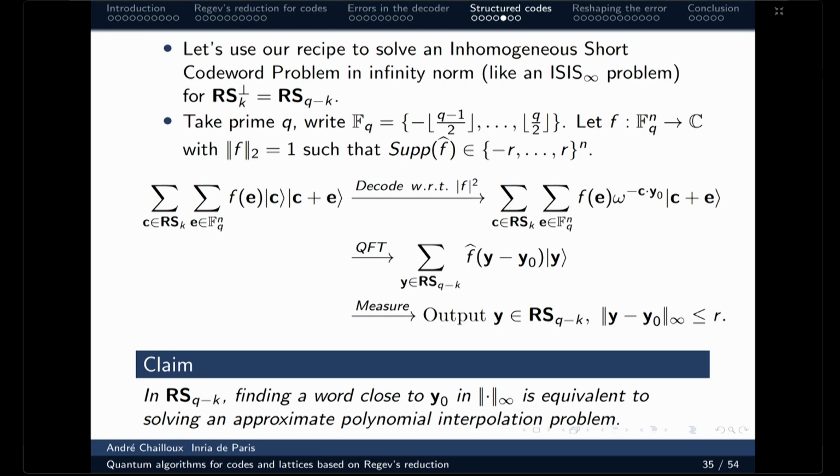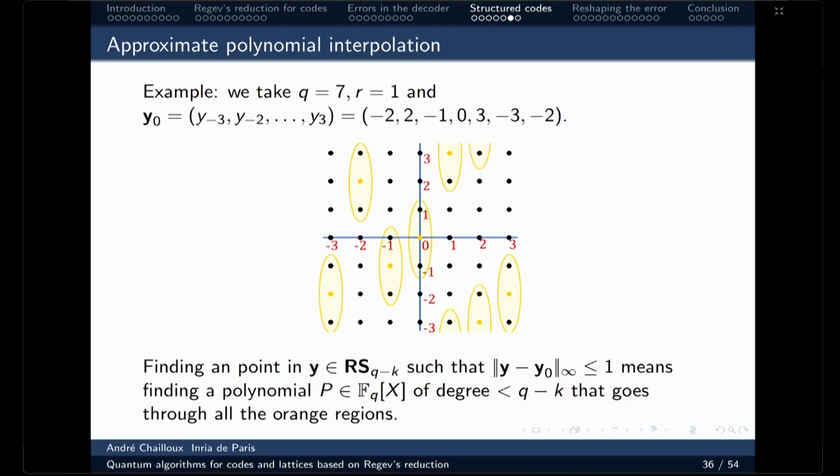And it can be seen as an approximate polynomial interpolation problem. So let's take as an example Q equals 7, R equals 1, and let's say Y0 is our target, and we want to find a point in this full support Reed-Solomon code, this dual Reed-Solomon code of dimension Q minus K, such that it has an infinity norm close, one close, to Y0, right?